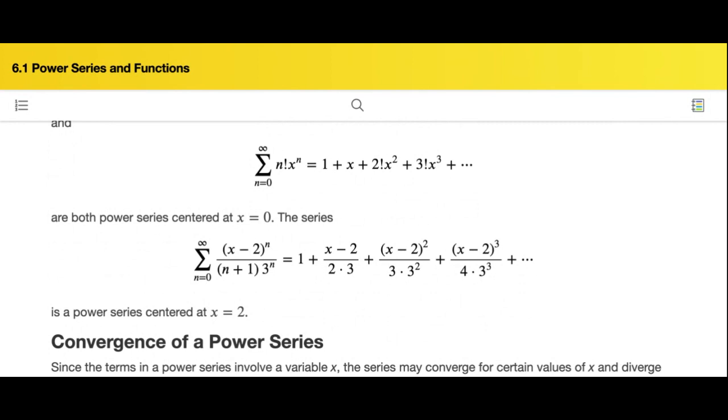It's always good to write a couple of terms to get a little bit of intuition. So n equals 0, we get 1. n equals 1, we have (x minus 2) divided by 2 times 3. Then n equals 2, we get (x minus 2) squared divided by 3 times 3 squared, and so on.